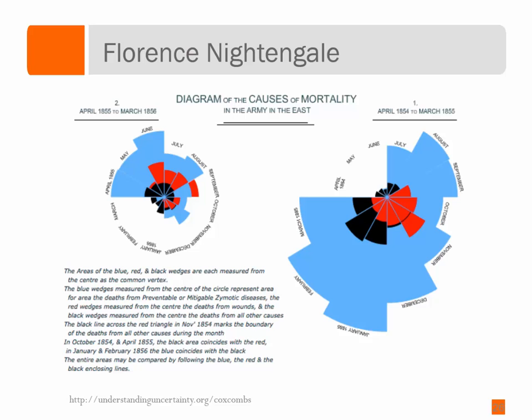If we only were to look at deaths from the wounds, we would see a much, much smaller picture of what might have occurred in that war. If we incorporate these black wedges or all other causes, you start seeing the preventable diseases really taking on the majority of the cause of death in these months.